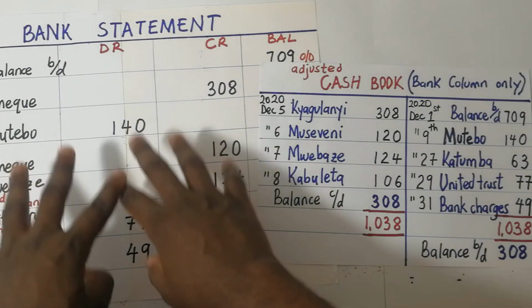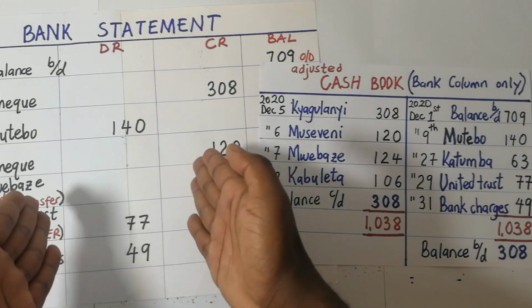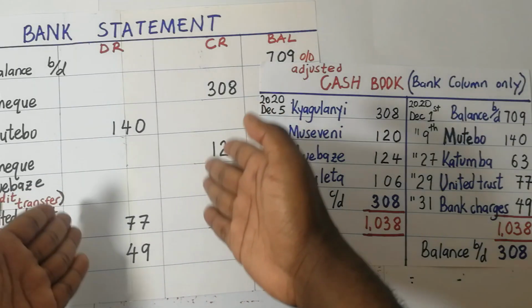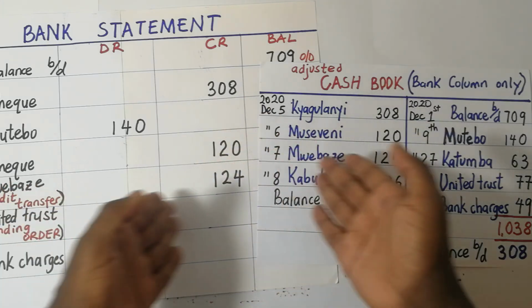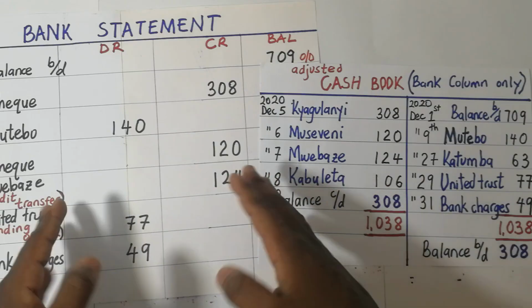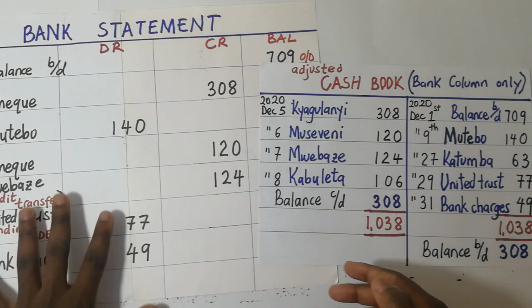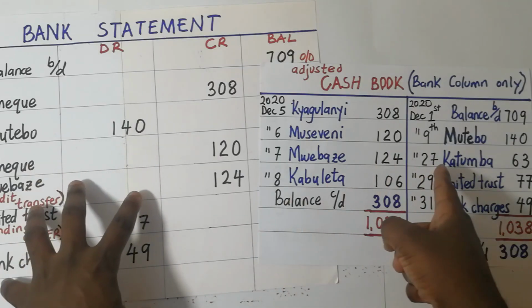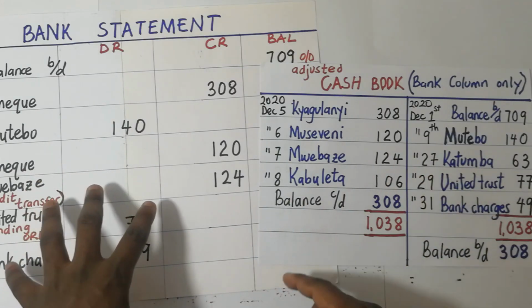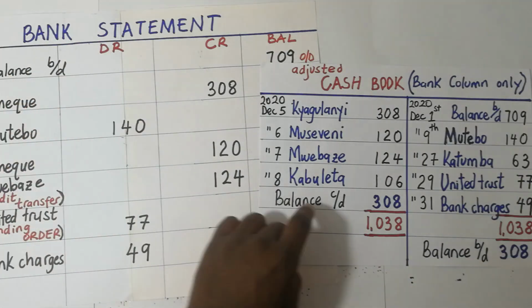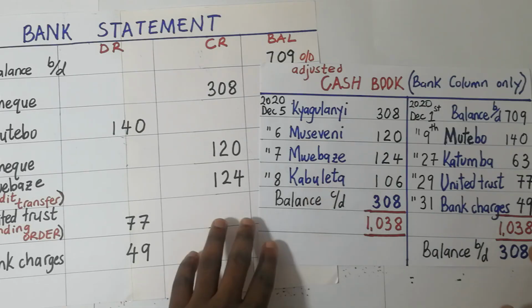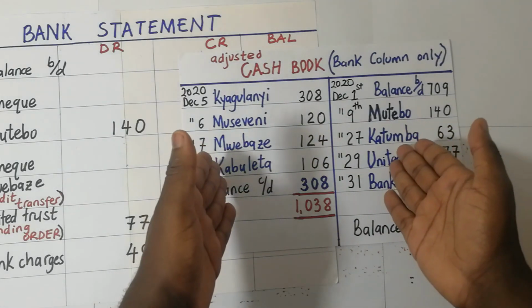So in other words, we take our bank statement and compare the records in the bank statement, and we try to see which of these records are here that are not fed in here. So we go ahead and find the records that are not here and adjust our cash book. After feeding in everything that is here to make sure that it is in our accounting records at our business, that is when we come up with the adjusted cash book.